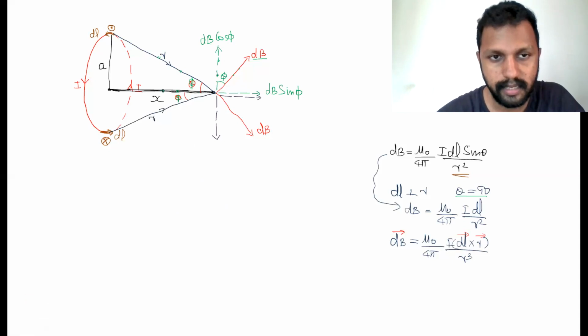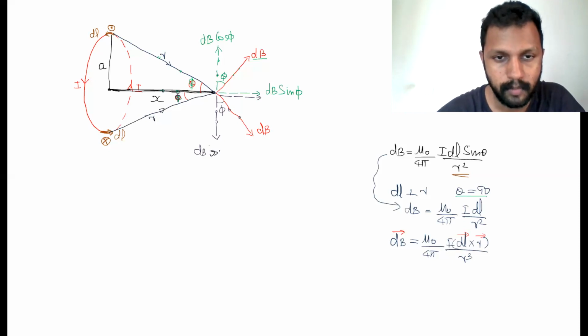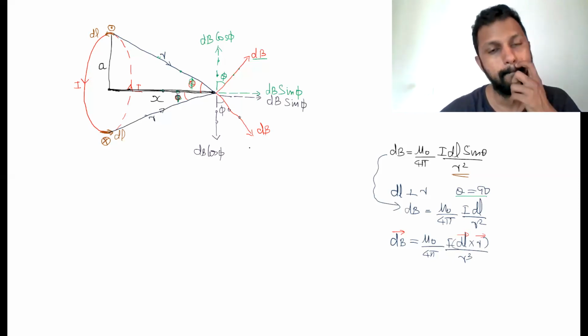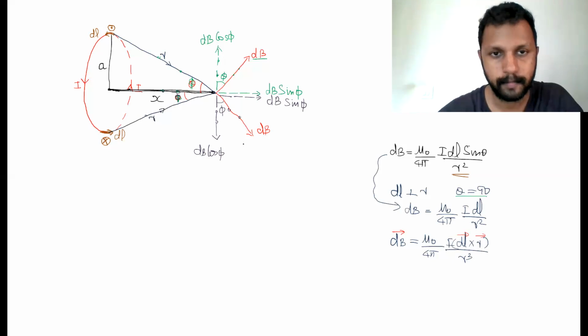This X line is perpendicular to this lower vertical line, and this R is perpendicular to DB. Therefore, if this angle is phi, this angle is also phi. For that, this is DB cos phi, and this is DB sin phi.